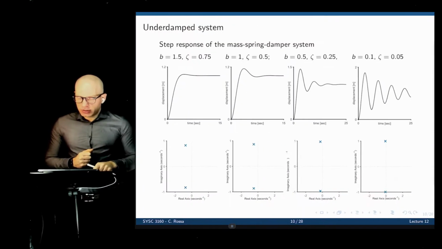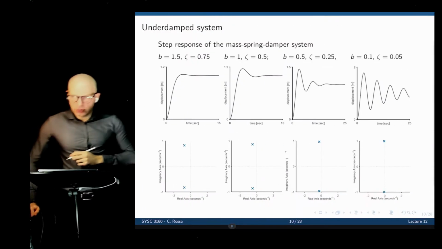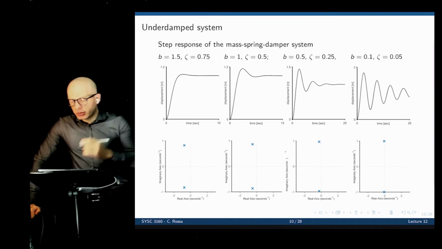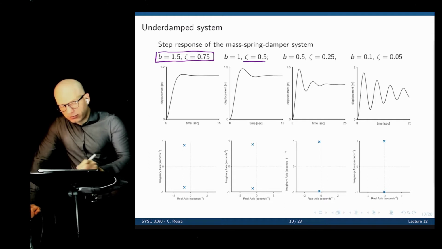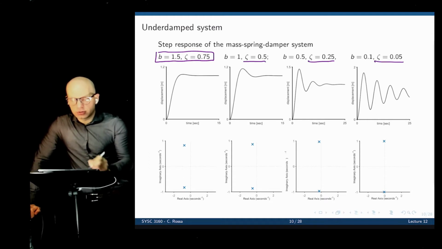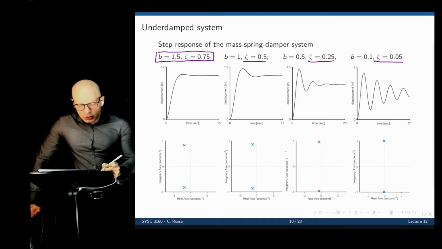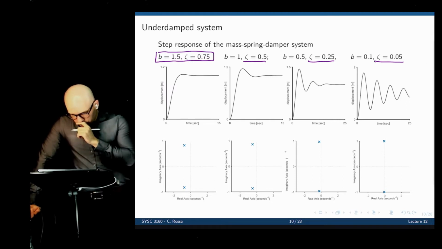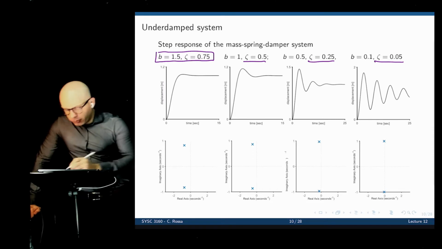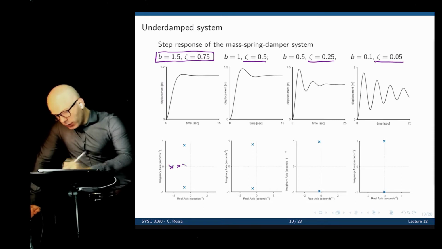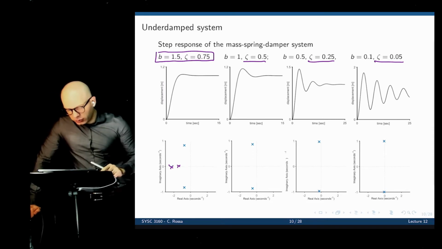This is what it looks like. If you keep decreasing the damping ratio, now notice that we are at 0.75, at 0.5, 0.25, and 0.05. Notice how the poles are moving. We have now complex conjugate poles. So before we were sitting on the real axis, now we have complex conjugate poles.